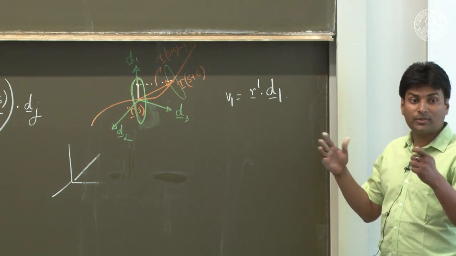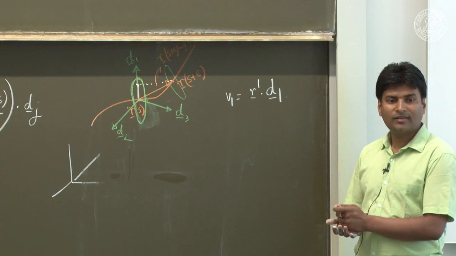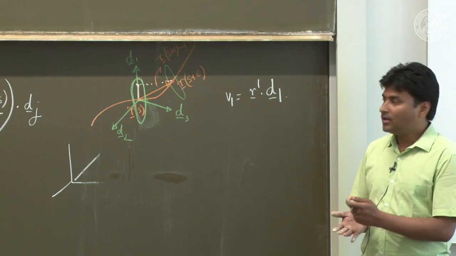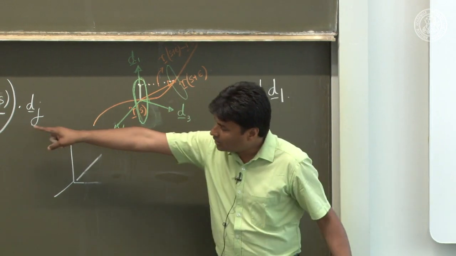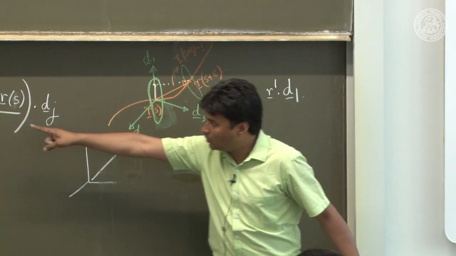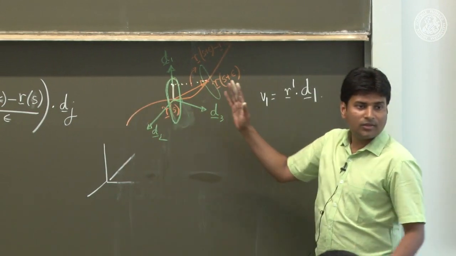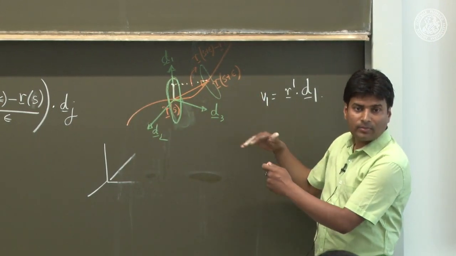Can you relate it with some strain? Since I am also dividing by epsilon, it's giving you some rate of shift.